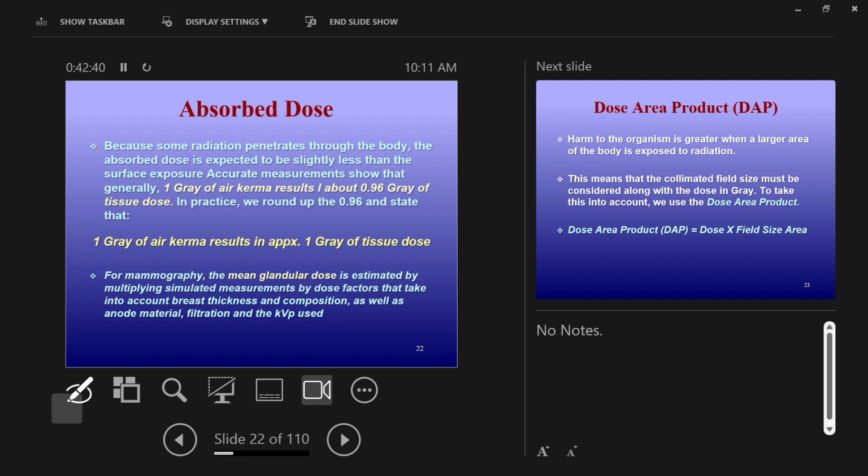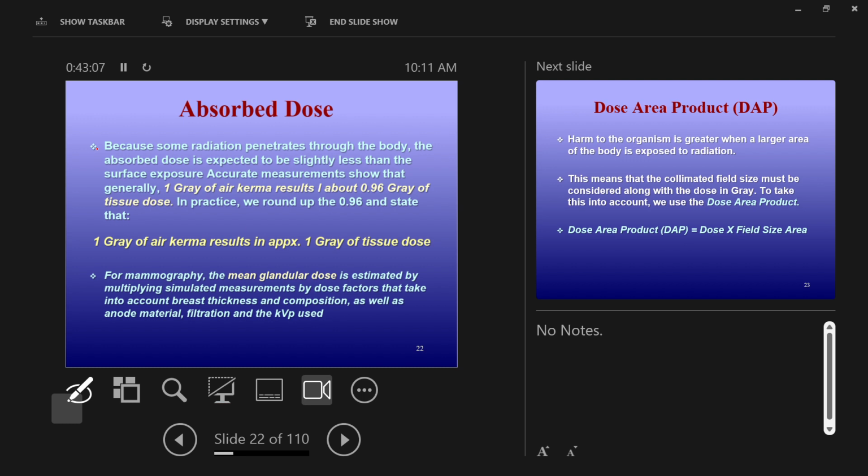Absorbed dose is always expected to be slightly less than the exposure. You can't absorb more than you're exposed to, but you can absorb as much as you're exposed to, or maybe a little bit less, and that's what's happening here. Measurements show that 1 gray of air kerma results in about 0.96 gray of tissue dose, which means you don't absorb it all.